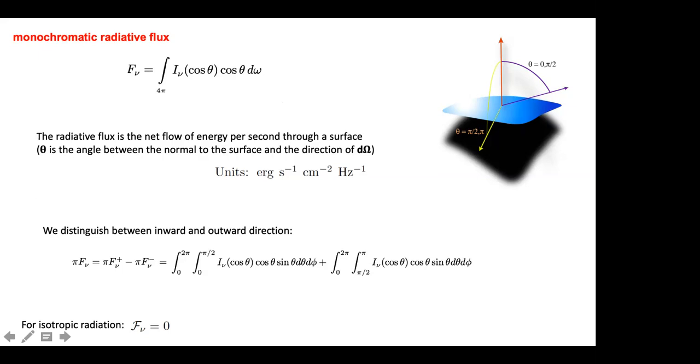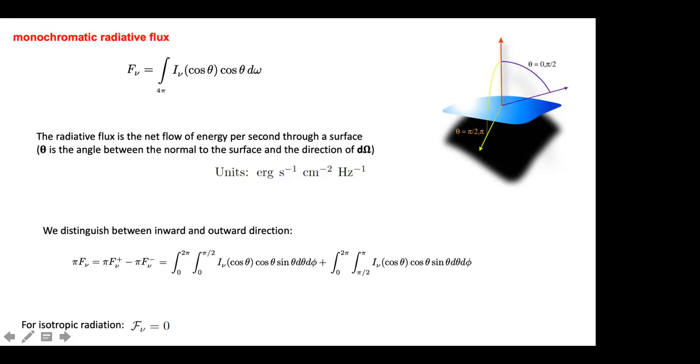It's the integration of the specific intensity on the solid angle multiplied by the cosine of the angle with respect to the normal of the surface we are considering. And this gives you, integrating in all the solid angle, the net flow of energy per second through the surface. Okay. Why?